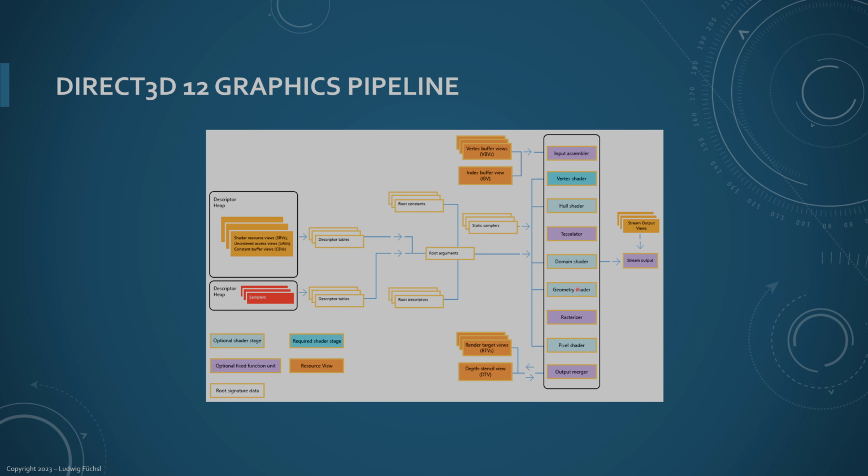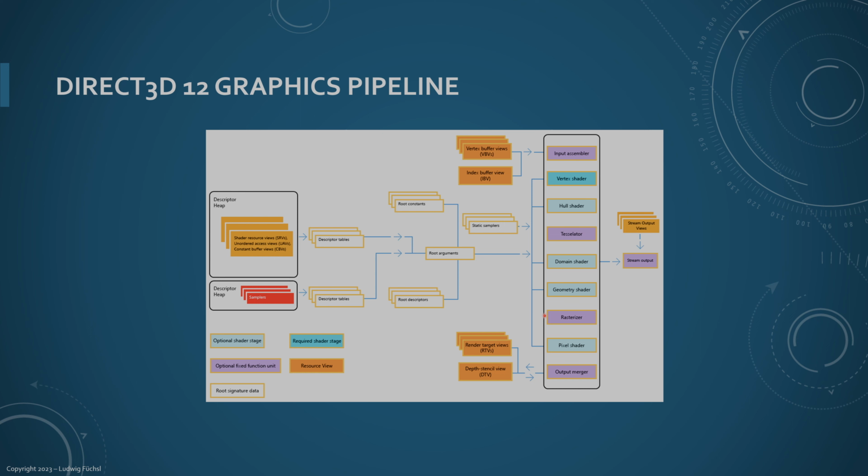The geometry shader can take primitives, for example, points, lines, or triangles, and convert them to other primitives. For example, triangles to points, points to triangles, lines to triangles. For example, you could use a line and convert it to a quad that is following the line. Then all of these triangles, lines, points that have been emitted from the geometry shader are passed to the rasterizer.